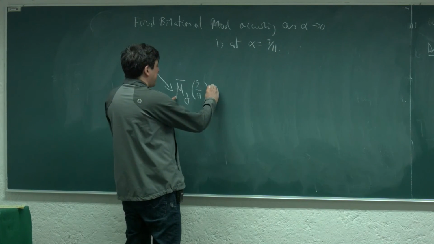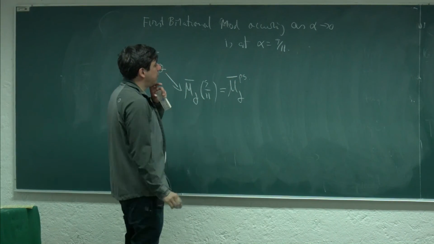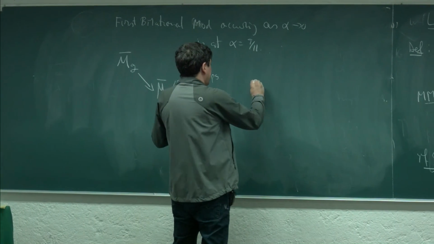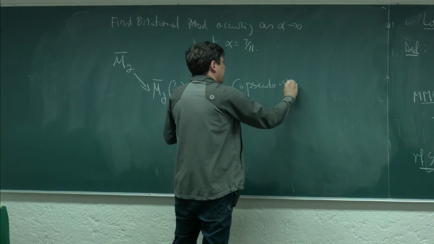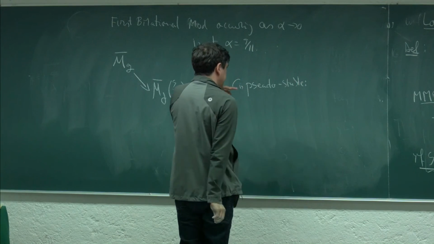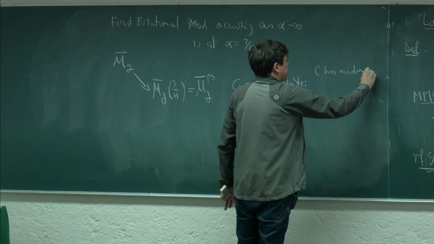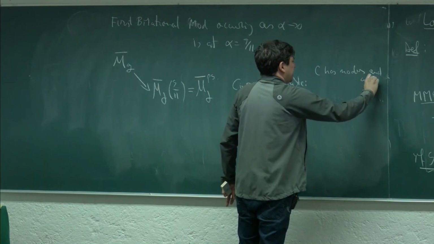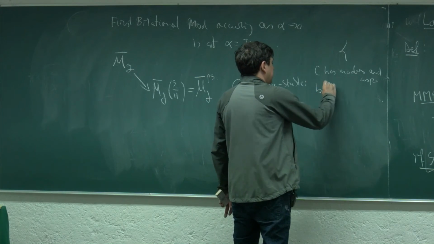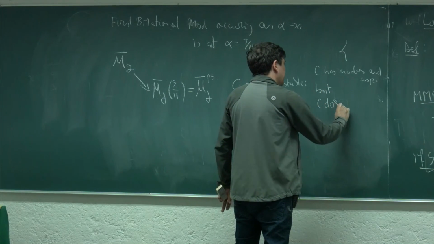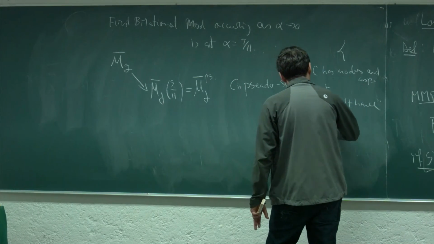First of all, let me describe it geometrically. This is M_g pseudo-stable, where pseudo-stable C means that C has nodes and cusps. So I'm allowing cuspidal things, but C doesn't have elliptic tails.